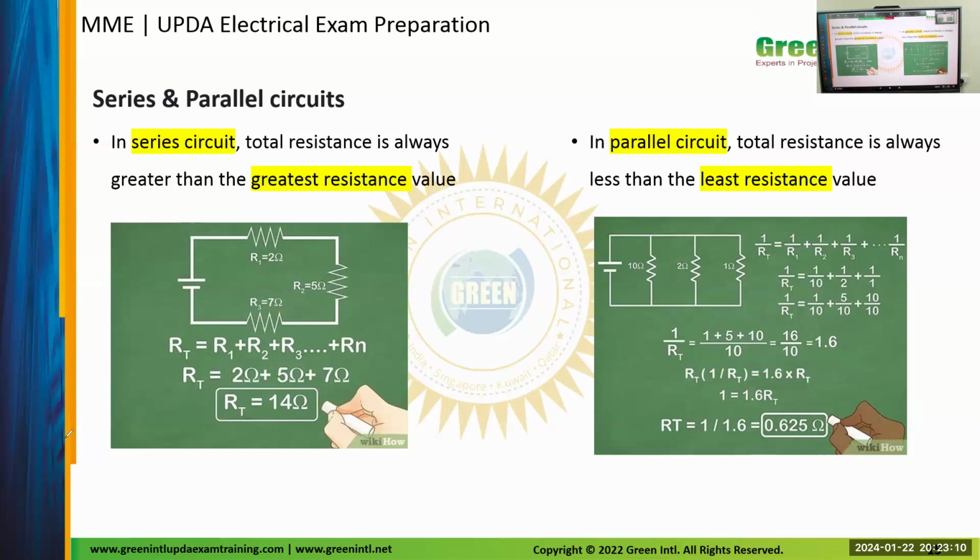By using this concept, we may answer some questions. Otherwise we need to calculate all the values, and that takes more time. So that's why we will remember these points. In the PowerPoint, wherever you see highlighted words, just remember them; sometimes they help solve the problem easily.